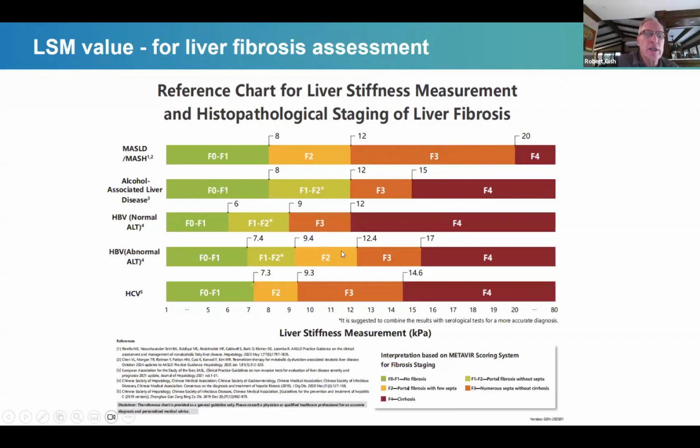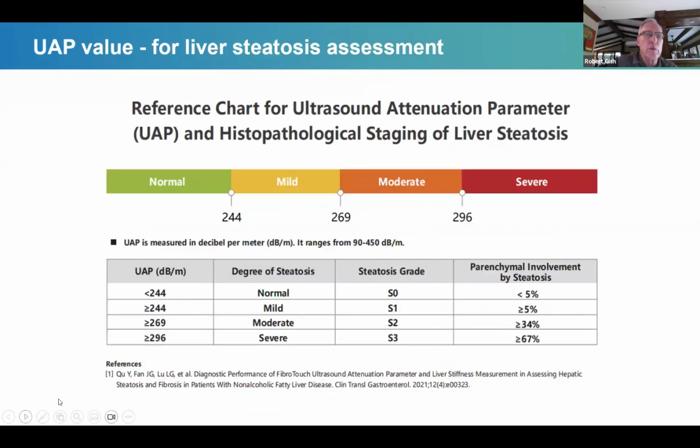So the higher the ALT, that may result in an overread of liver stiffness. And there's here what I call a correction that's present. And hepatitis C values at the lower end. So this is covering the 4 major forms of liver disease. There's a reference chart available, and in the far right column, it gives you an approximate parenchymal calculation for fat.